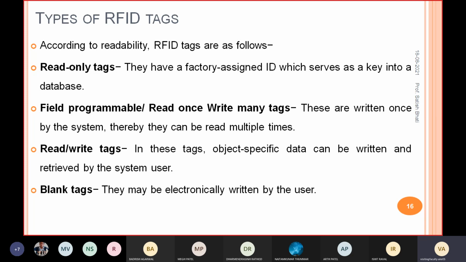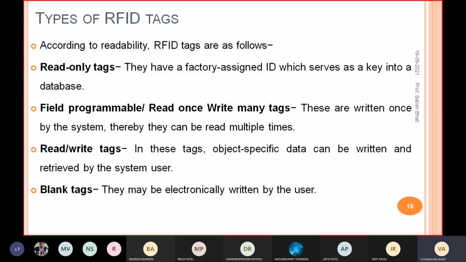The first one is the read only tag. They have a factory assigned ID which serves as a key into a database. So with some tags, the manufacturer will assign some ID, some serial number, to that tag. You just paste that tag on an object and that serial number will never change, right? So you can only read that tag. You can't write. Some tags are of that kind.